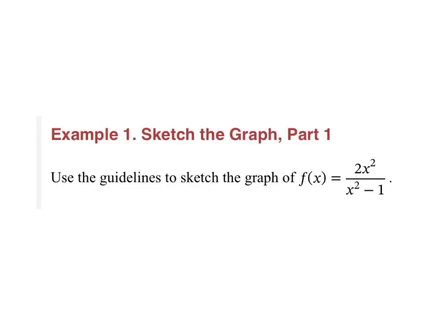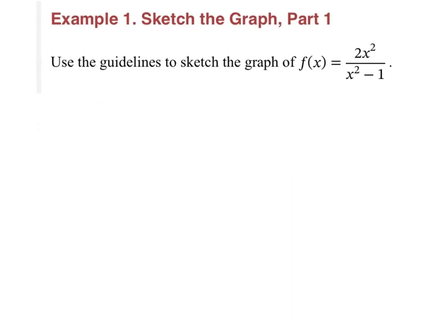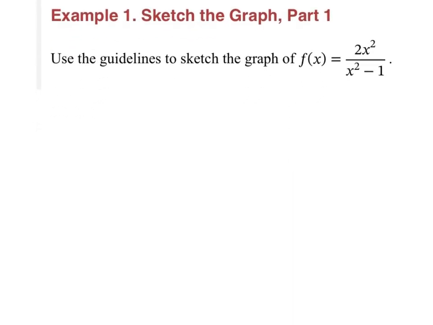I'm going to hit that picture right here again because I want to keep looking at that graph. Okay, the next thing that we want to look at is we want to decide if this is an even or an odd function. That's going to help us with symmetry. If the function is even, the rule is f of negative x equals f of x. That is even.